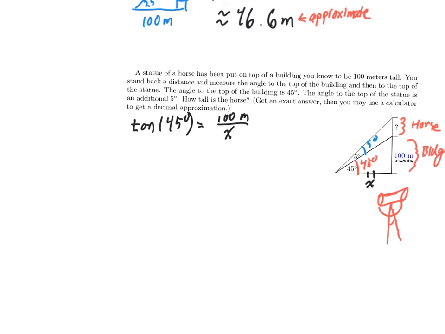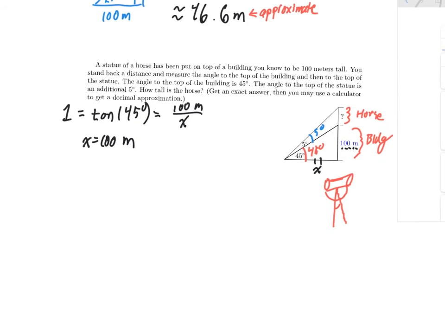Now you might use a machine to make this computation, and that would be fine right now. We haven't computed anything rigorously, but tangent of 45 degrees works out to be 1. So that means 1 is equal to 100 meters over x. That means x is equal to 100 meters.